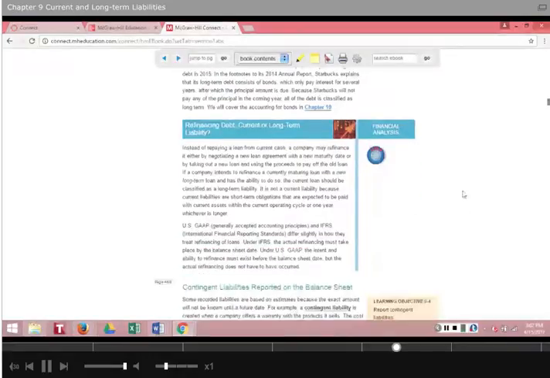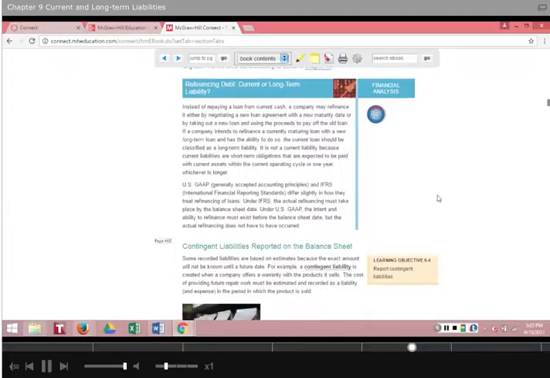They talk about refinancing debt, whether it be current or long-term, and should it be reclassified from long-term to current. In the U.S., we have to show at the end of the accounting period that we have both the intent and the ability to refinance a loan that would otherwise have been reclassified into current liability from long-term liability in order to keep it in long-term.